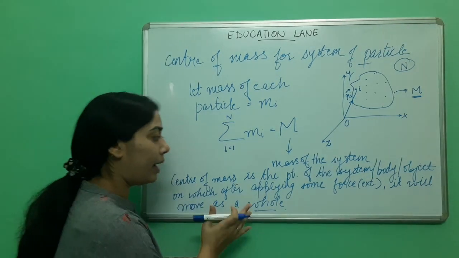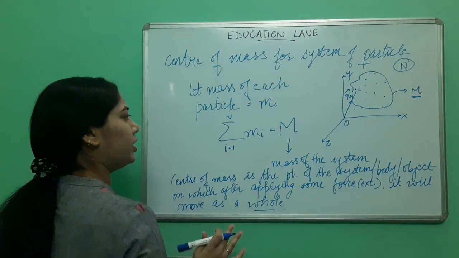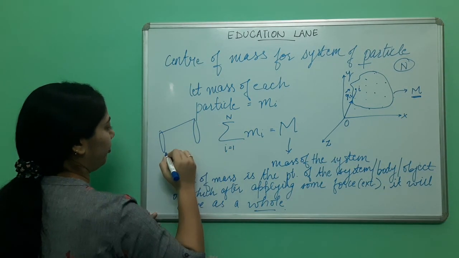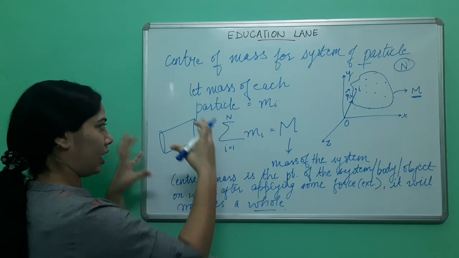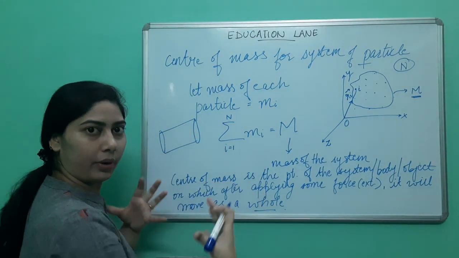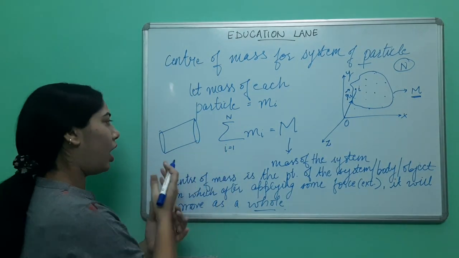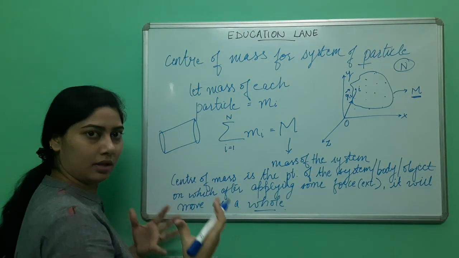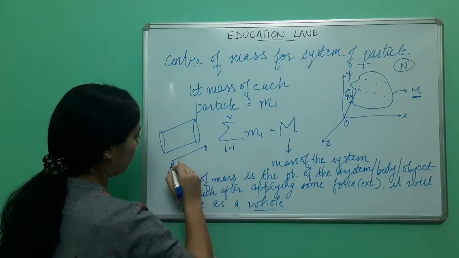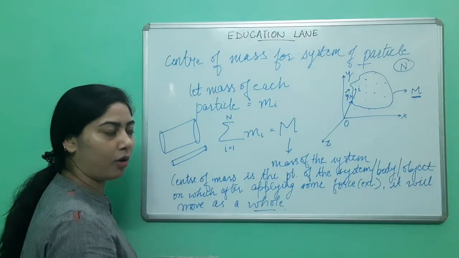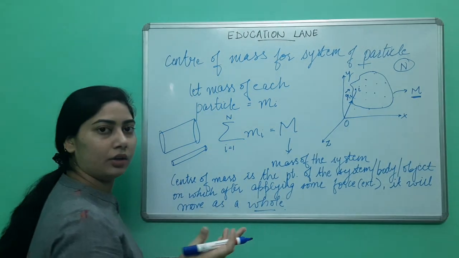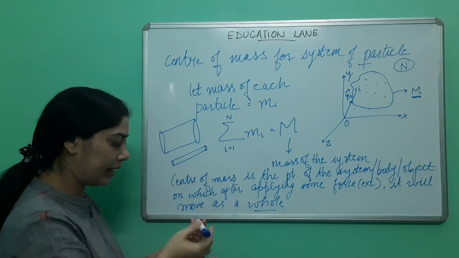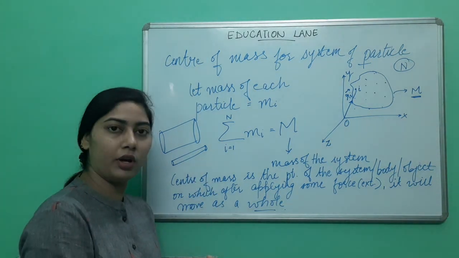What I meant by saying this statement? There is a small example. Consider there is a wood log. Wood log means a big piece of wood lying there. So how will we find the center of mass? Or you can consider a pencil, which you can easily try on your own. Now, if you try to hold this pencil from here, it will fall down.